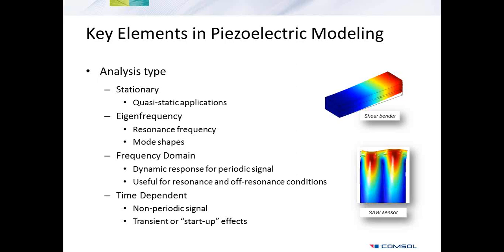COMSOL also provides advanced solvers such as the modal solver and the AWE solvers that can help reduce the computation time for frequency domain analysis. You can also perform a full-fledged time-dependent analysis if you're interested in capturing transient effects. The solution time will depend on how small a time step you want to resolve and how large a time range you want to simulate for.